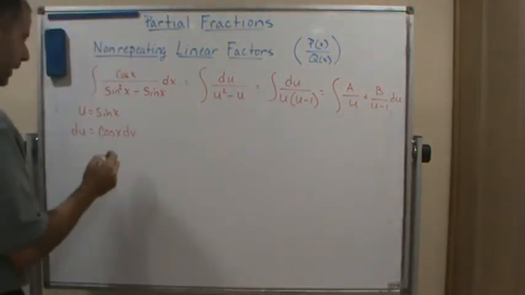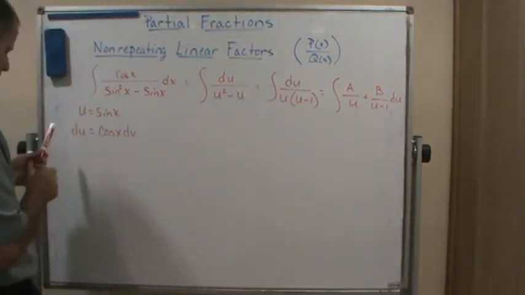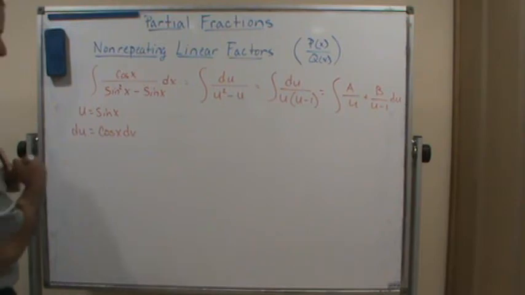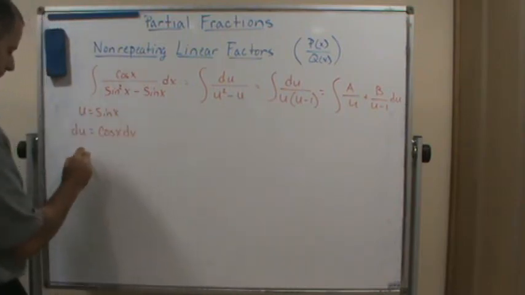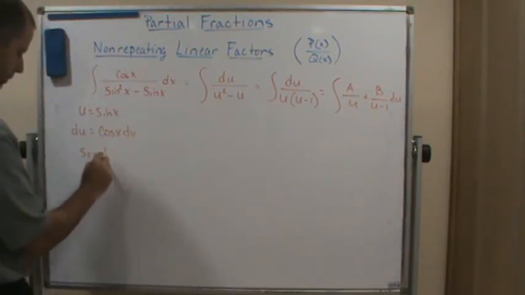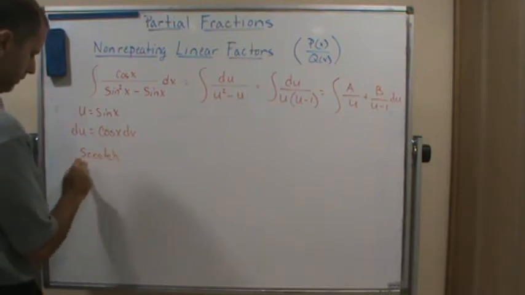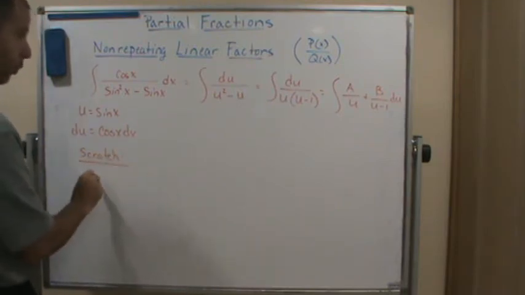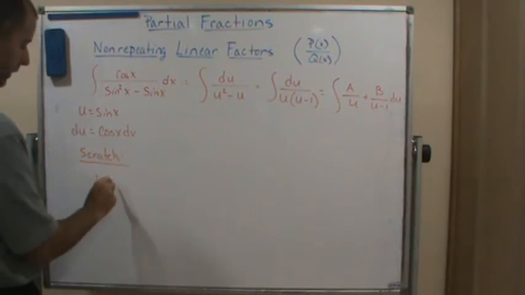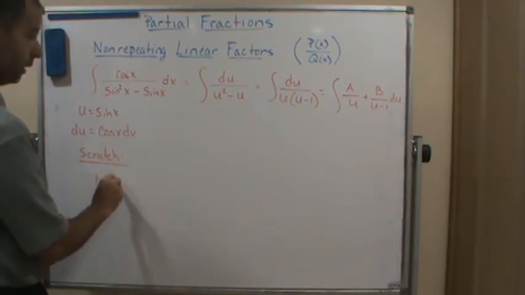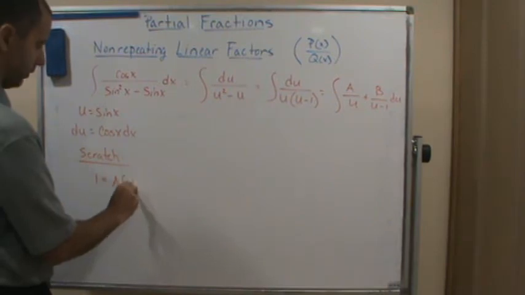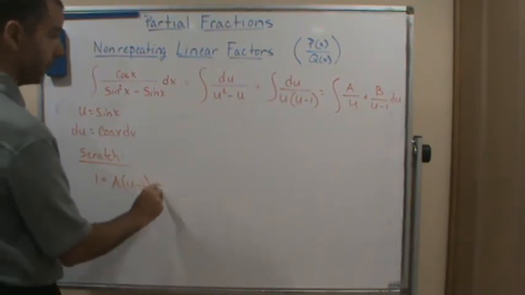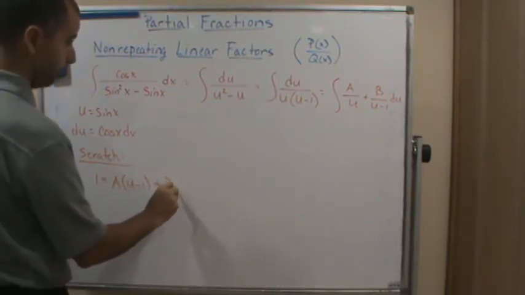Okay, and so now, what do we know? Well, let's do our scratch work. And so we know that it has to equal 1, so we have 1 equals a times u minus 1 plus bu.